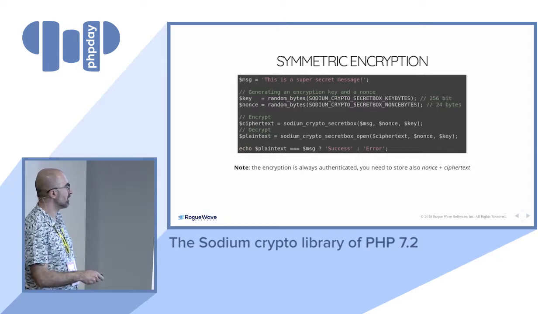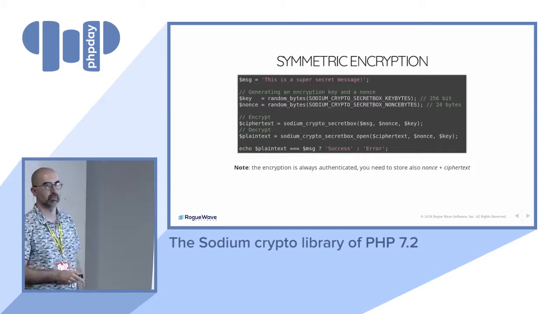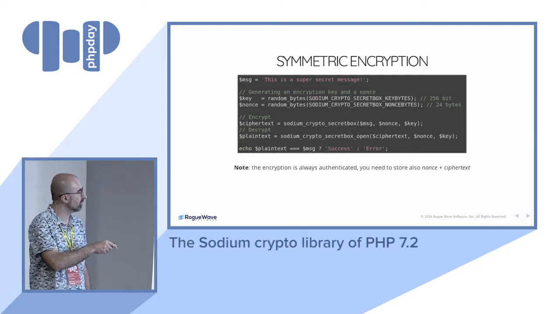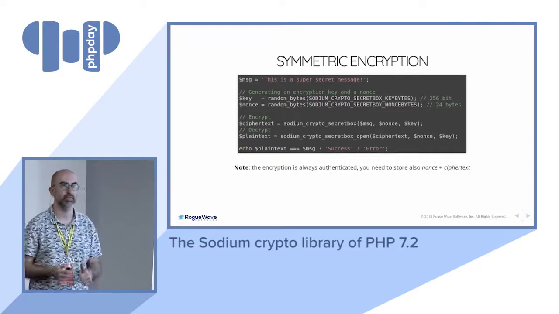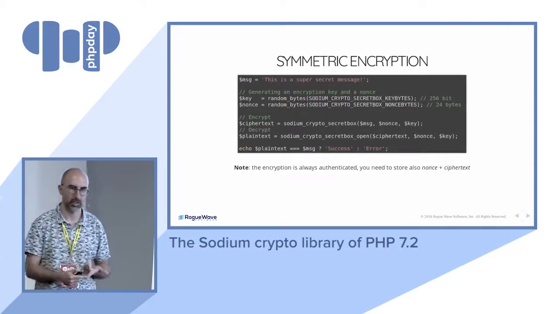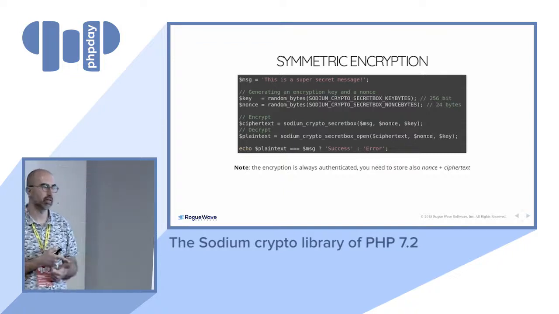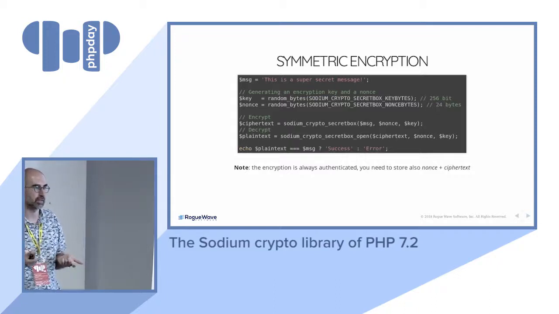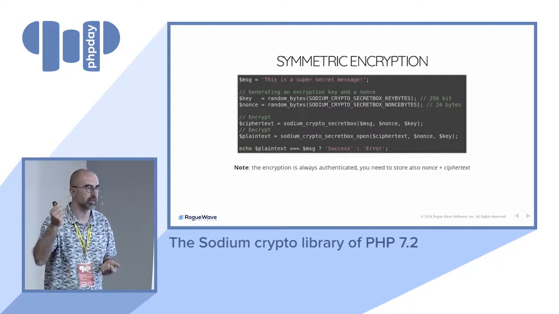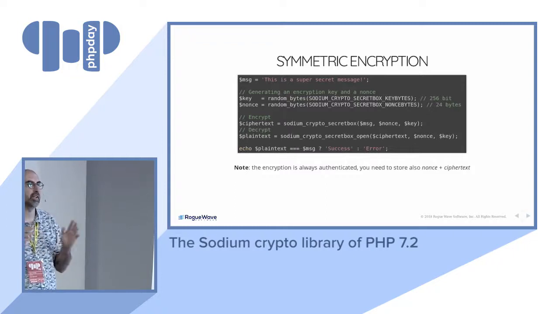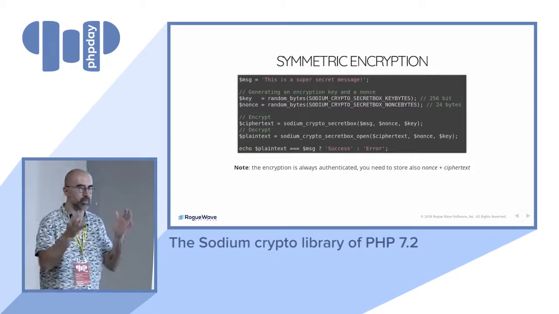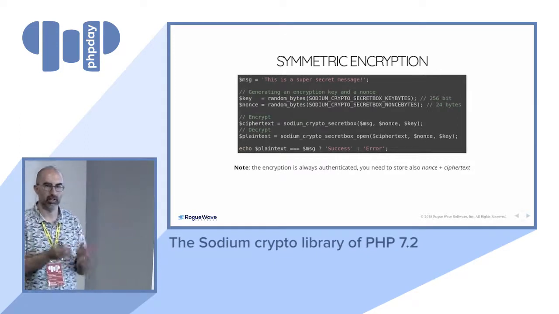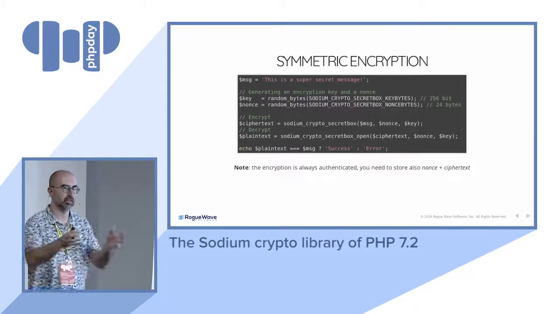Note that the encryption is always authenticated. This is very important. When you use this function, secretbox, it provides encryption plus authentication. Because if you provide only encryption, anyone can change even 1 bit of the ciphertext, and you will never notice this change when you decrypt the information. Imagine that you encrypt a file. Someone hacks your server and gets the file.